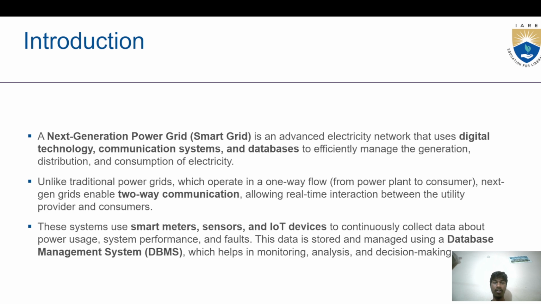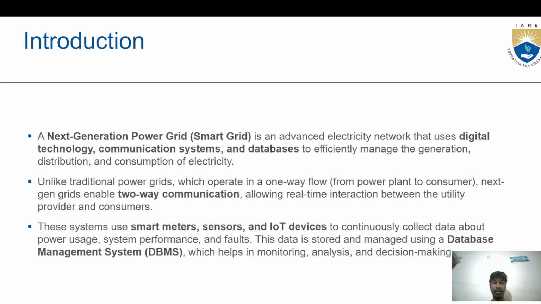And not only that, we accumulate the power and distribute it across the area of the power grid. Unlike the traditional power grid, which operates in one-way flow from power plant to consumer, the next-gen grid enables two-way communication, allowing real-time interaction between the utility provider and the consumer.